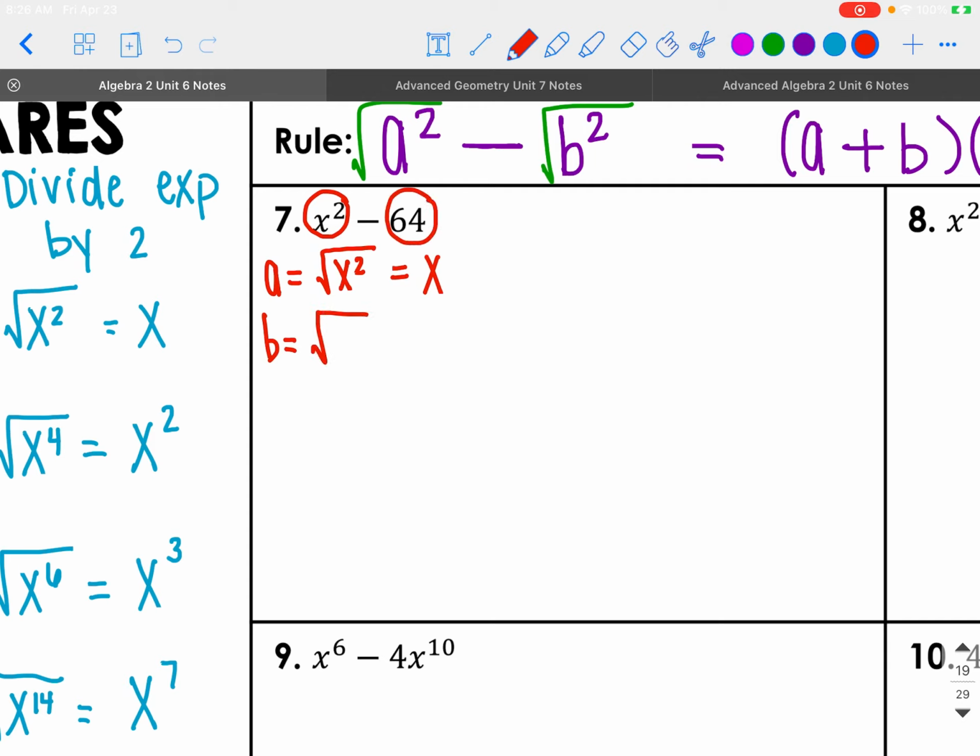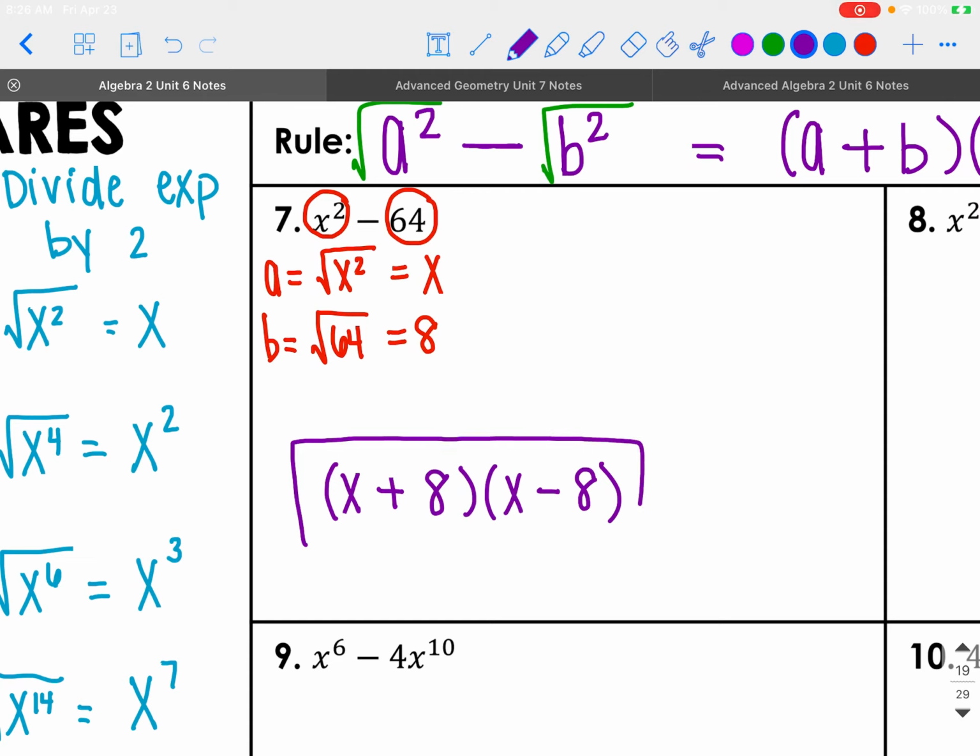And then for my b, I take the square root of the second part. Just ignore the minus, just the number. 64. What is the square root of 64? 8. And so then for my answer, I write x plus 8, x minus 8. And that's it.